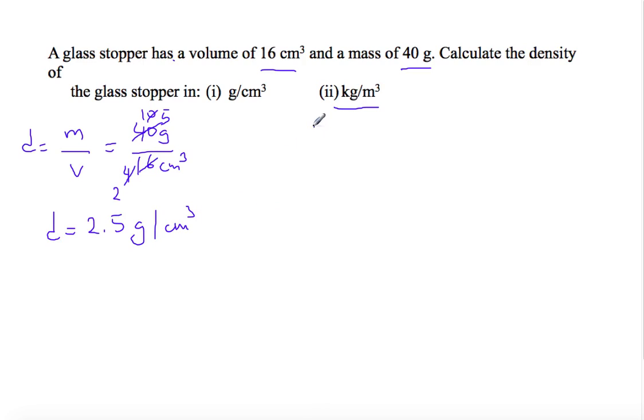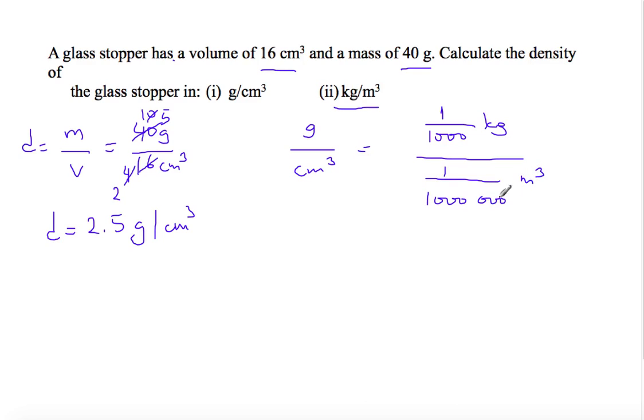Let us write gram per centimeter cubed. 1 gram, as you know, is 1 over 1000 kilogram. 1 centimeter cubed is 1 over 1 million meter cubed, so that 1 gram per centimeter cubed equals 1000 kilogram per meter cubed.